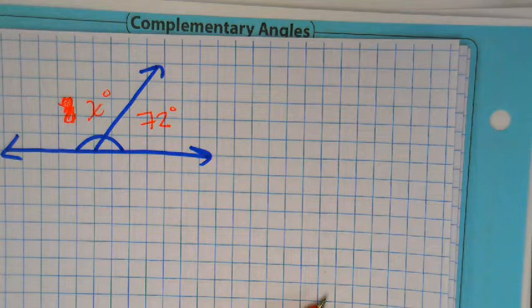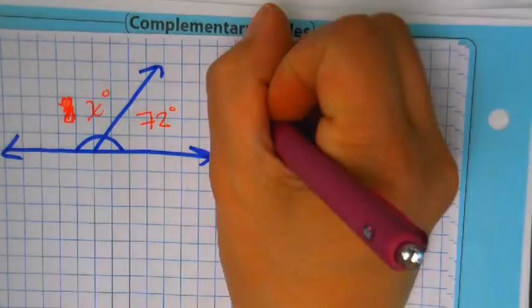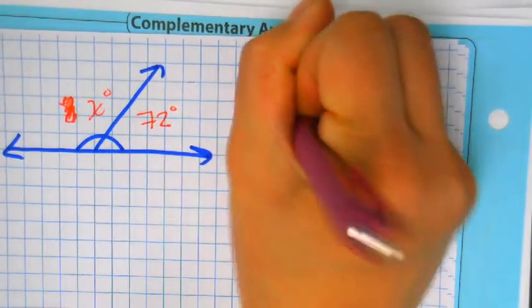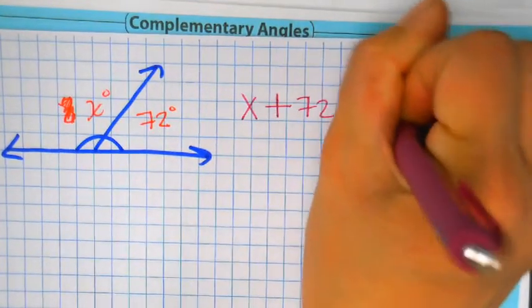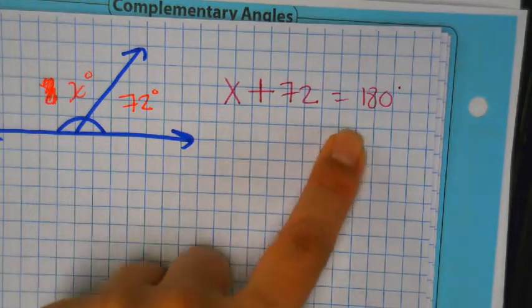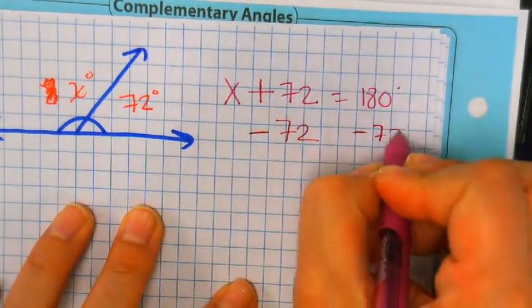Now this is level 1 negative. So x plus 72 is equal to 180, right? So this is the easiest form. So we're going to subtract 72 from both sides.